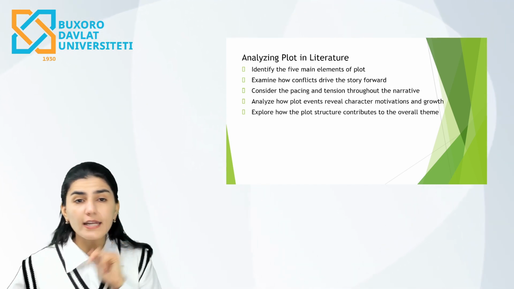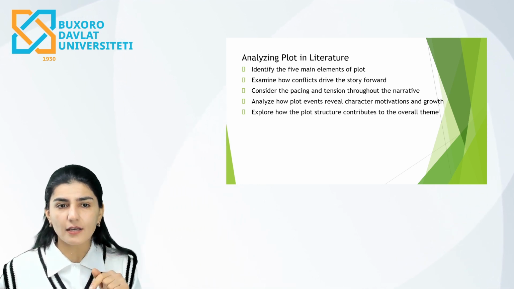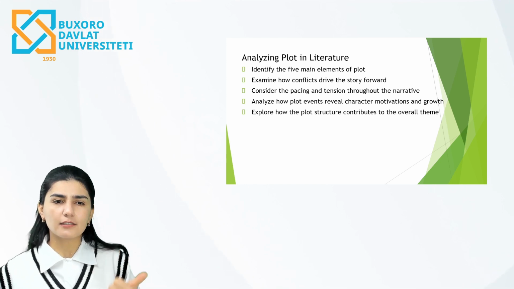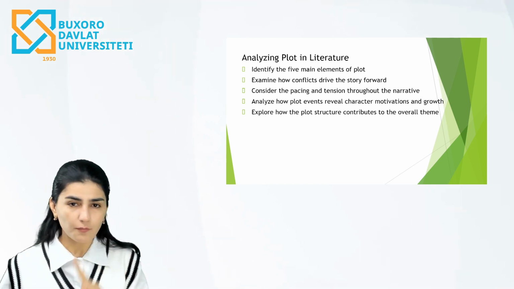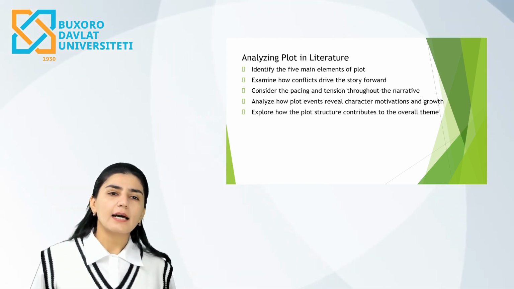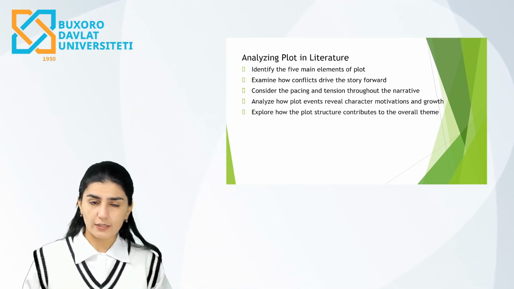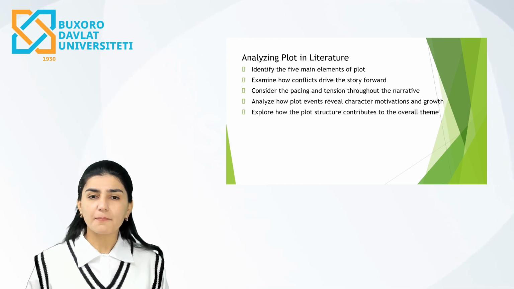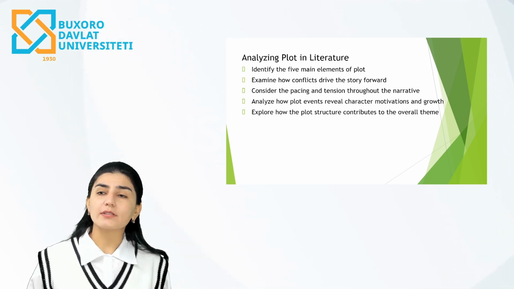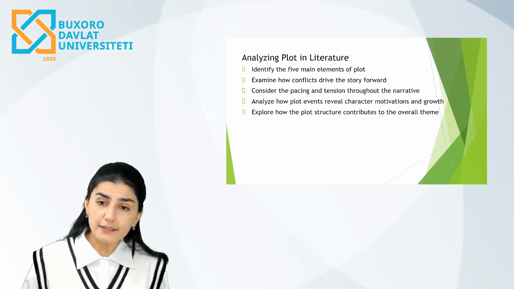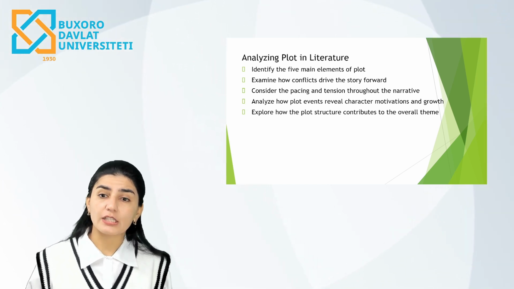Well, for analyzing plot in literature, we have some main criteria. The first one: the reader must identify the 5 main elements of plot. Second, examine how conflicts drive the story forward. Third, consider the pacing and tension throughout the narrative. Fourth, analyze how plot events reveal character, motivation, and growth.